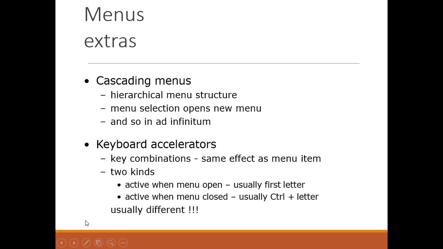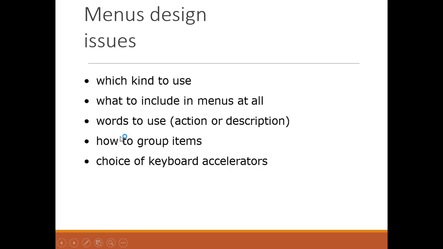Now the keyboard accelerator: active when the menu is closed, active when the menu is open, usually the first letter. These are the key issues, because when developing anything there can be many problems: which kind of menu to use, a drop-down menu or a cascading menu; what to include in menus at all, meaning what kind of items we can develop; which words or actions to use for the description; how to group the items; or the choice of keyboard accelerator, whether the menu is open or closed.